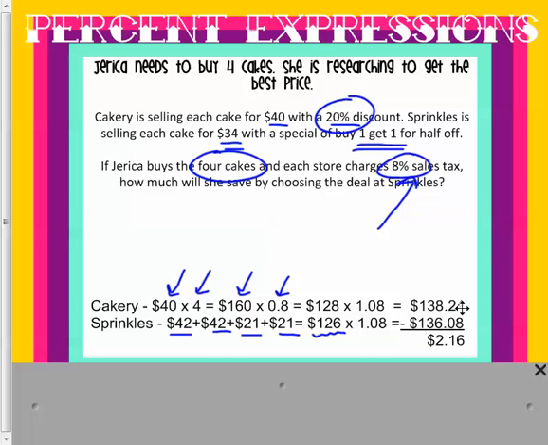So when you subtract 138.24 minus 136.08, you get $2.16. So she saves $2.16 by going to Sprinkles.